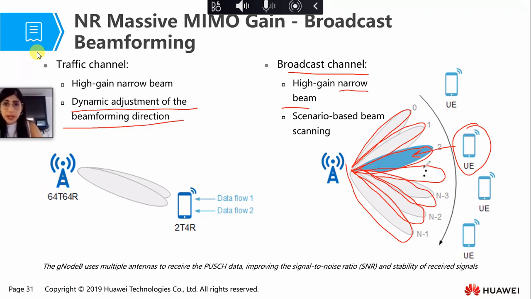So each beam is identified with a particular ID. Then the base station can send the broadcast information, and the user equipment will select the beam for which it receives the best signal.